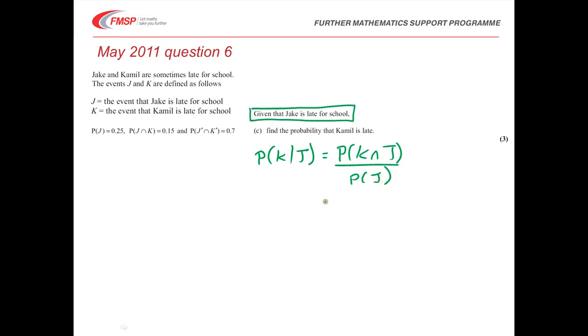So be very, very, very careful with that. So we've got all the information we need. The probability of Jake and Camille being late is 0.15, and the probability of Jake being late is 0.25. Now you cannot leave your answer like that because it's not a fraction, they are decimals. So you do need to make sure that you change it round.